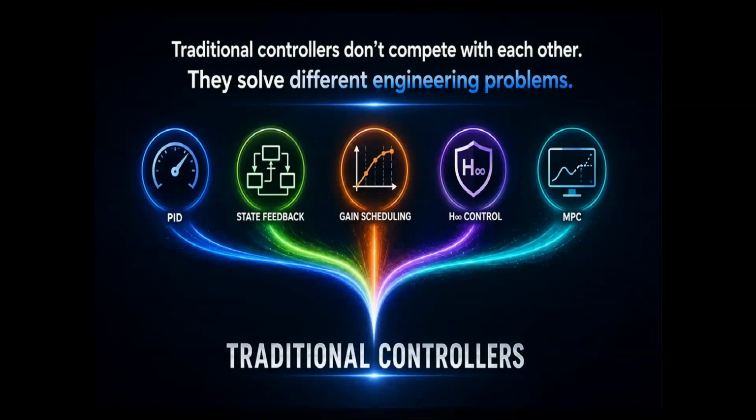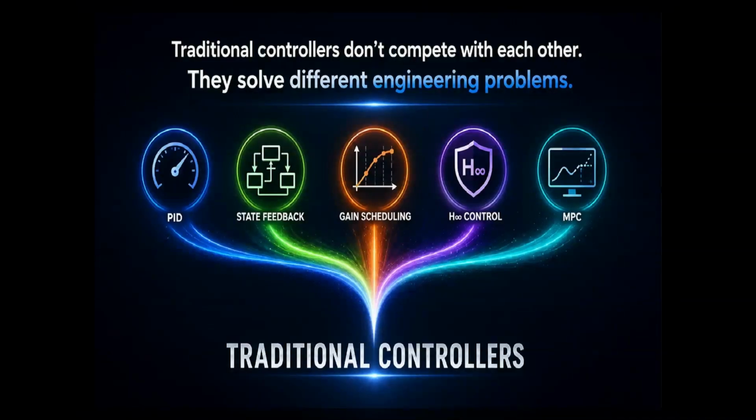When the complete system state is available, state feedback provides much greater flexibility in shaping system dynamics. If the system operates under significantly different conditions, gain scheduling allows the controller to adapt its parameters accordingly.